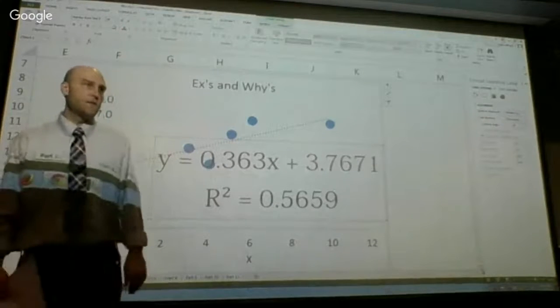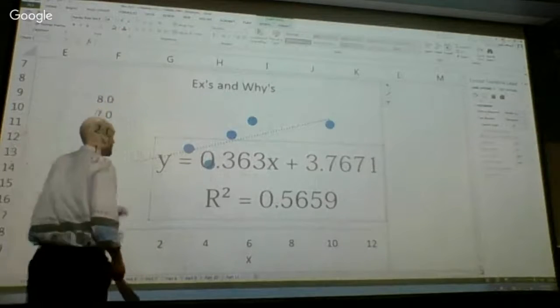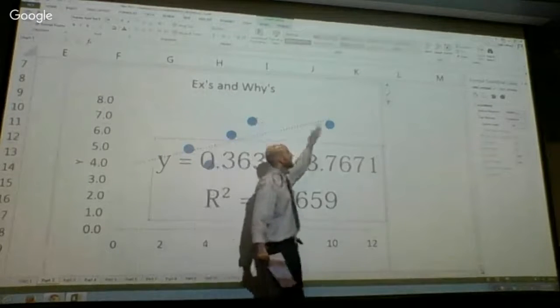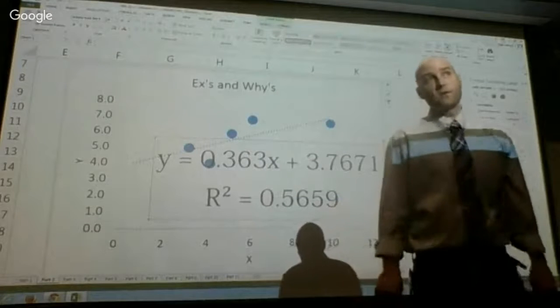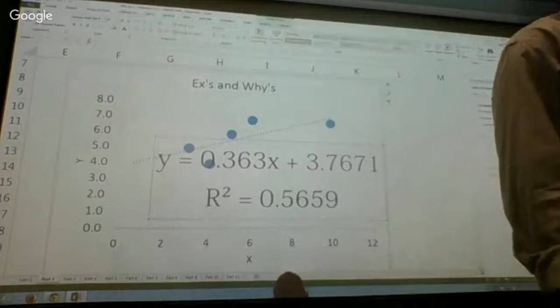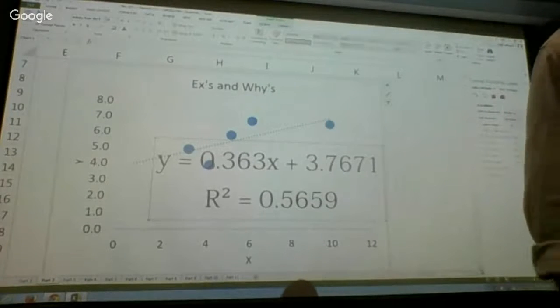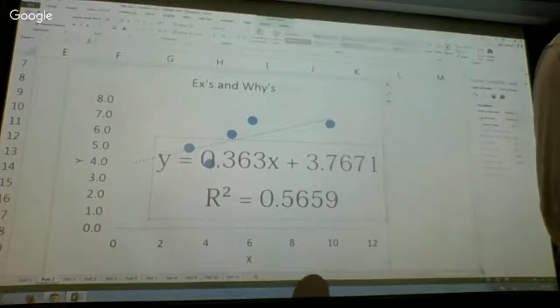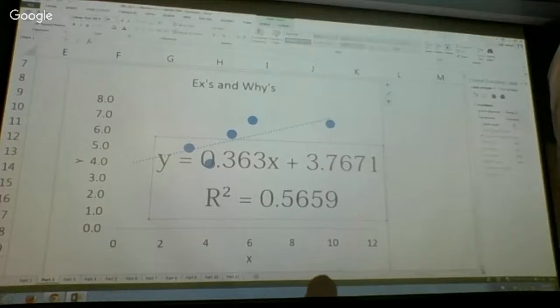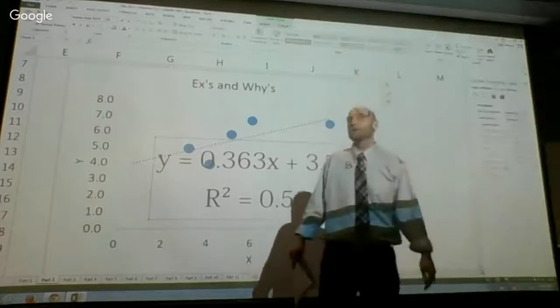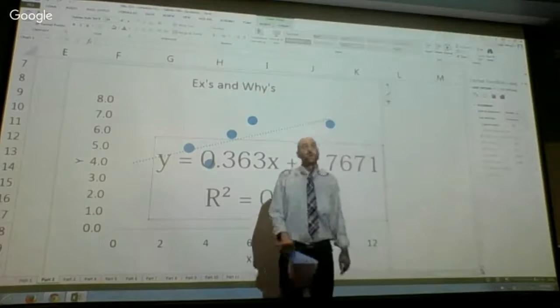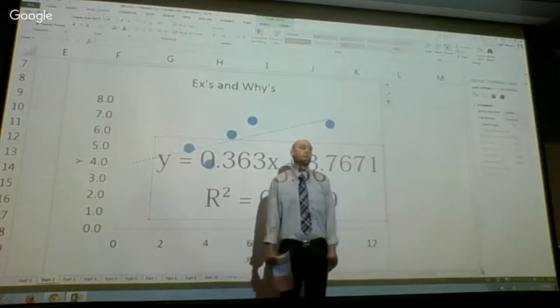It won't tell you if it's positive or negative. Those dots will. So if you want a shortcut to success, here's my recommendation. Add a trend line and insert your r squared. Take the square root of r squared and you get r. You have to decide from the dots whether that's positive or negative, but you don't have to use the correlation function.